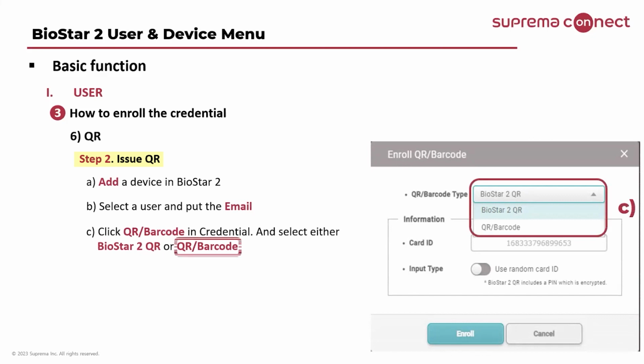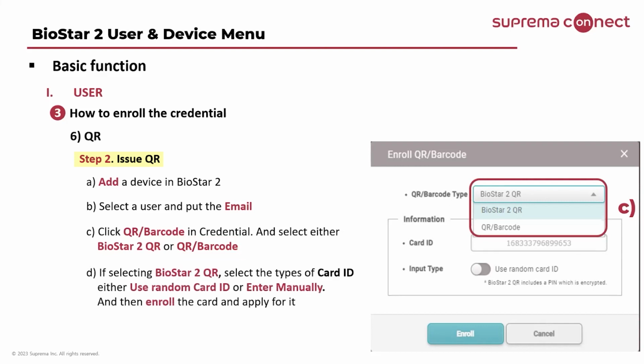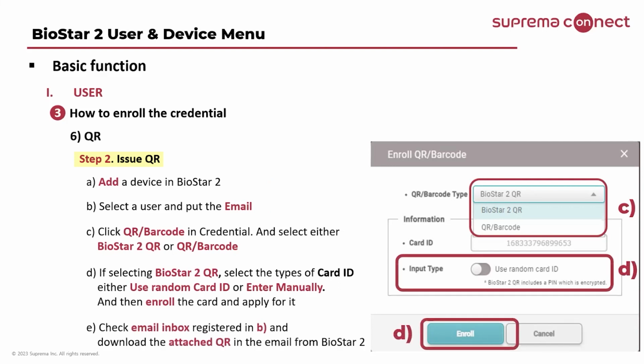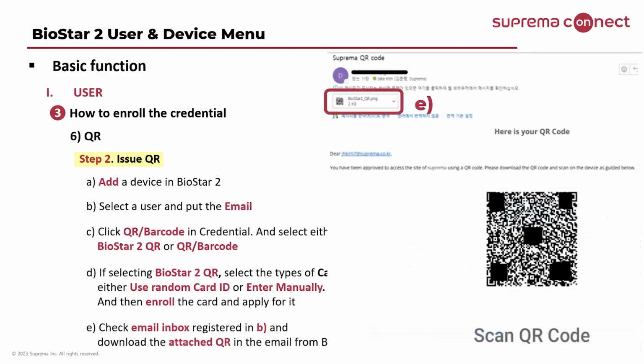And please note that you can use third-party QR by selecting QR barcode, and I will introduce it on the next page. And if selecting BioStar 2 QR, you need to choose the proper card ID type, either user random card ID or enter manually, and then click Enroll. Lastly, check your email box and download and use the attached QR in the email from BioStar 2.